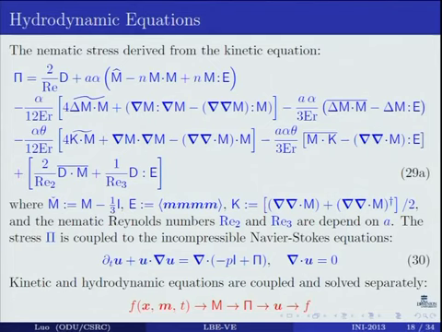This is then coupled to the velocity field, and the velocity field comes back and affects the F. So you are basically solving the kinetic equation and the incompressible Navier-Stokes equations separately but coupled. You can see how horrendous this scheme is.